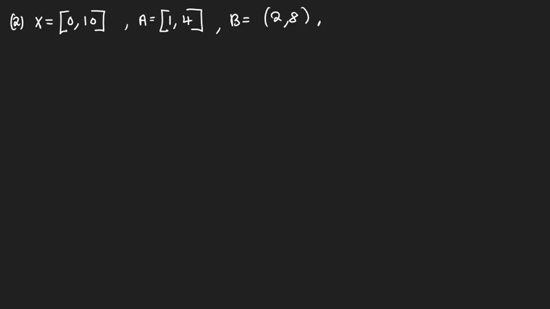okay, the second question is saying let X, they've given you 0 here, then 10 here, let it be the universal set, and then we have been told that A is this set 1, 4, B is 2, 8, C is 3, 6.